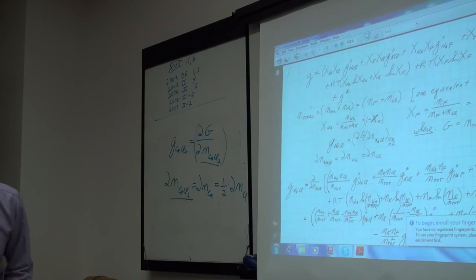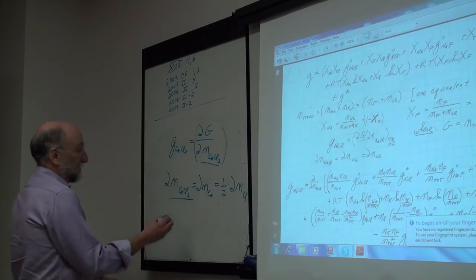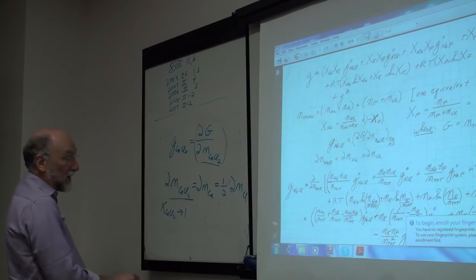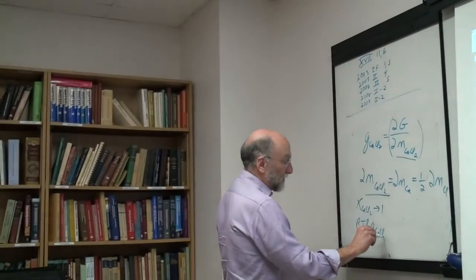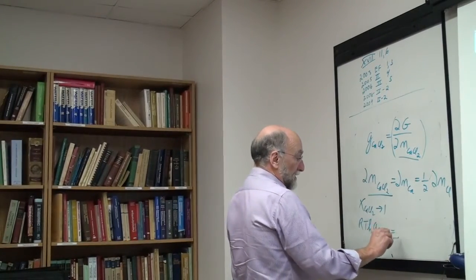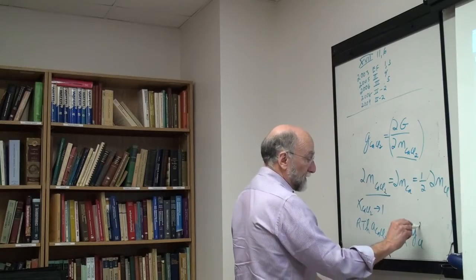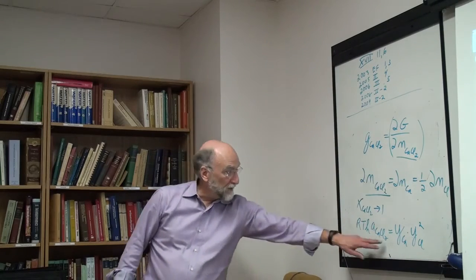So in the limit, as X calcium chloride approaches 1, you're going to get RT log activity of calcium chloride equals the site fraction of calcium times the site fraction of chlorine squared, because we have 2 chlorines here.